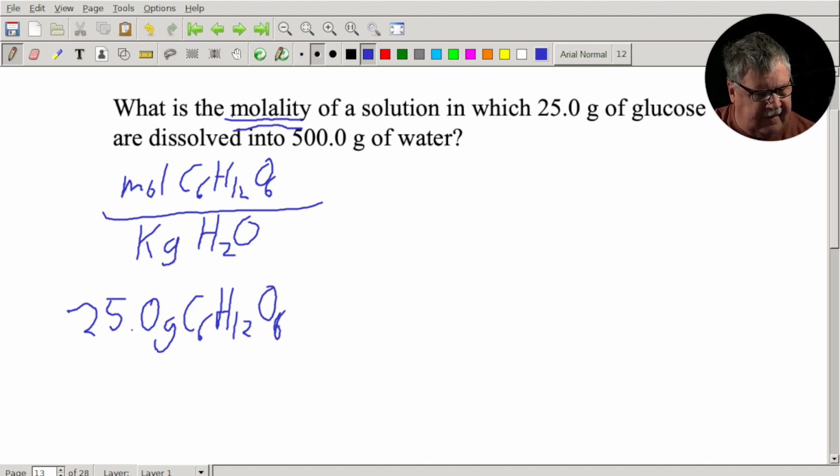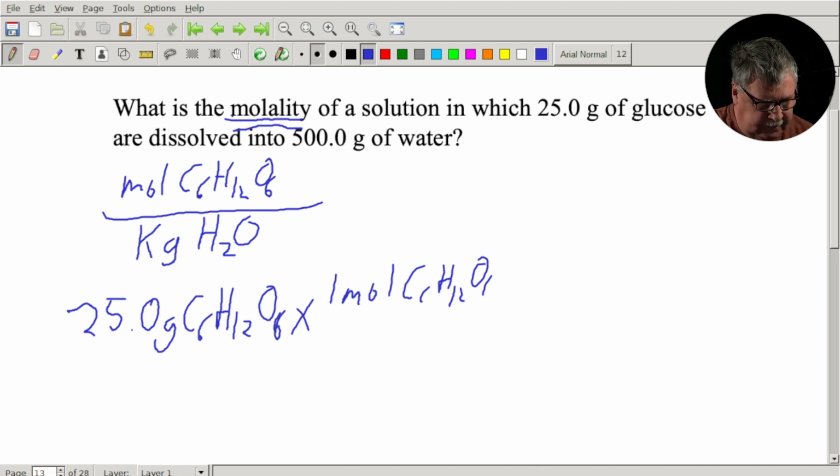If I'm starting with 25 grams of glucose, how do I go from grams to moles? Divide by the molar mass. Yes, I'm going to divide by the molar mass. What is the molar mass of glucose, if the chemical formula is C6H12O6?